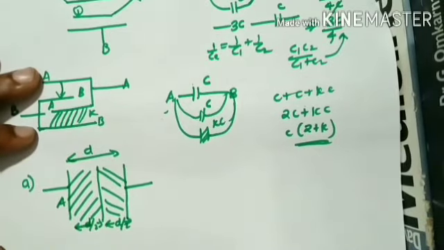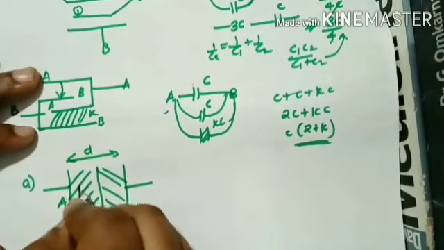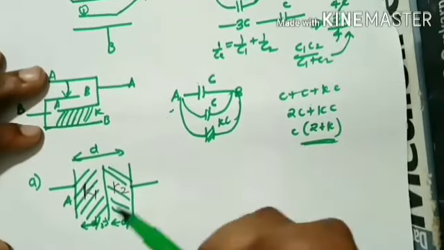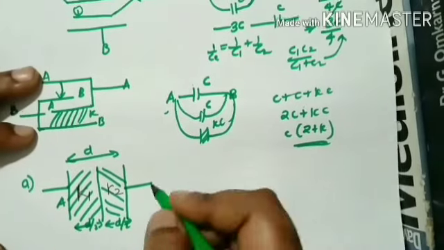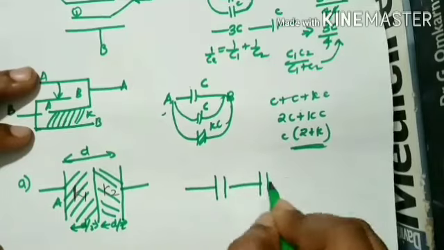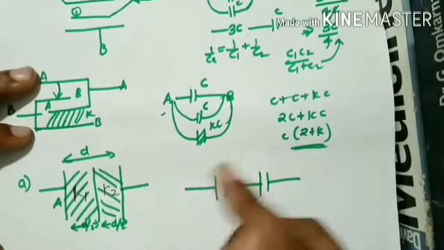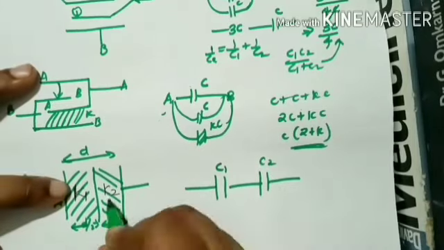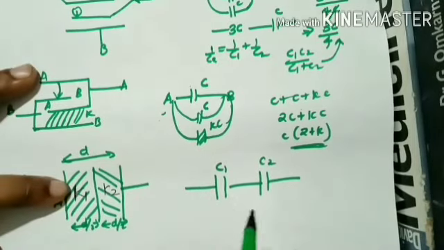This is having K1, this is having K2 dielectric constant. This much clear? So the equivalent is actually, these two are like two capacitors in series. This is C1 and this is C2. C1 is due to the K1 dielectric and C2 is due to the K2 dielectric.